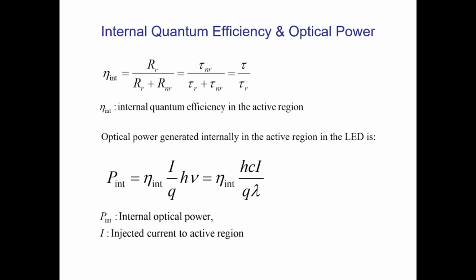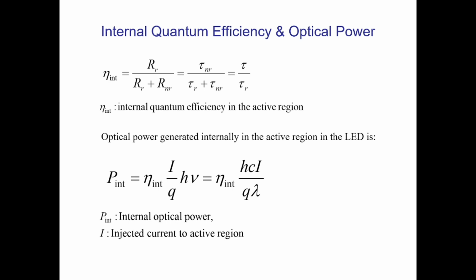And the next comes the optical power, how much is being generated in the LEDs or lasers. It is related with the efficiency, the input current and the photon energy. It is a product of the internal quantum efficiency, the current I by q, which relates with the current density for the input current, and the photon energy h nu.